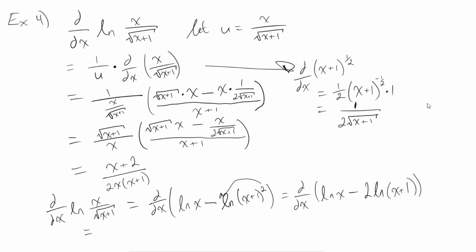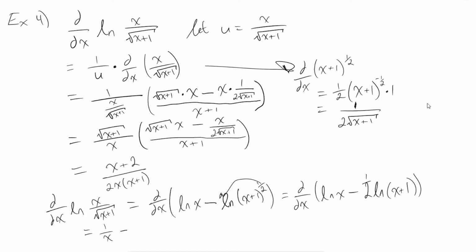because that's going to give me, well, I have just plain old ln x. The derivative of ln x is 1 over x. And then I have minus 2. Sorry, that's not 2. This is 1/2 because it's a square root. So, sorry about that. Which is equal to 1 over 2.